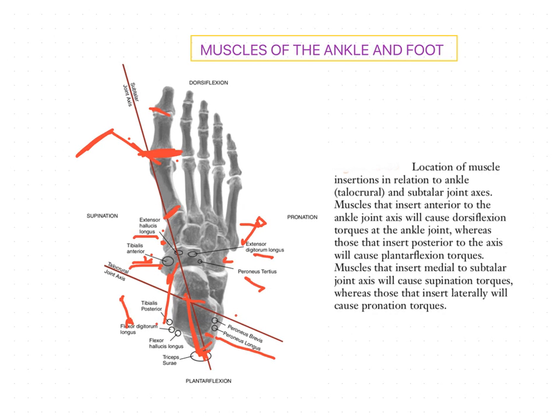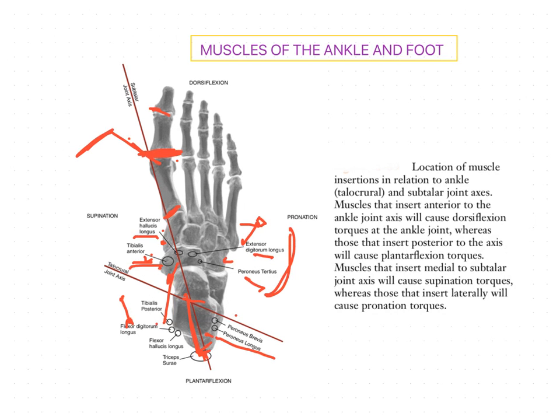The extensor digitorum longus and the peroneus tertius muscles are relatively weak dorsiflexors. Extensor digitorum longus and peroneus tertius are weak dorsiflexors of the ankle and the pronators of the foot.